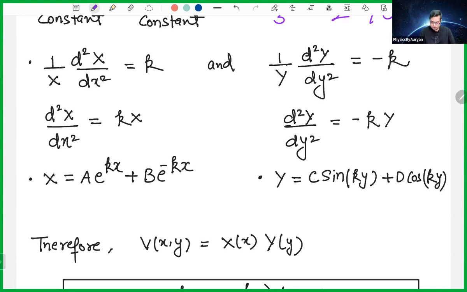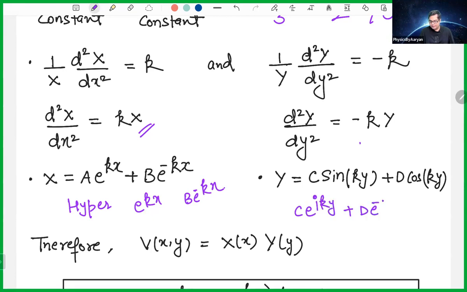In one of the cases, the solution will be hyperbolic functions, or you can say e to the power kx and e to the power minus kx and so on. So the solution to this equation is actually x equals a into e to the power kx plus b into e to the power minus kx. On the other hand, the solution to this equation will be c into e to the power iota ky plus d into e to the power minus iota ky.